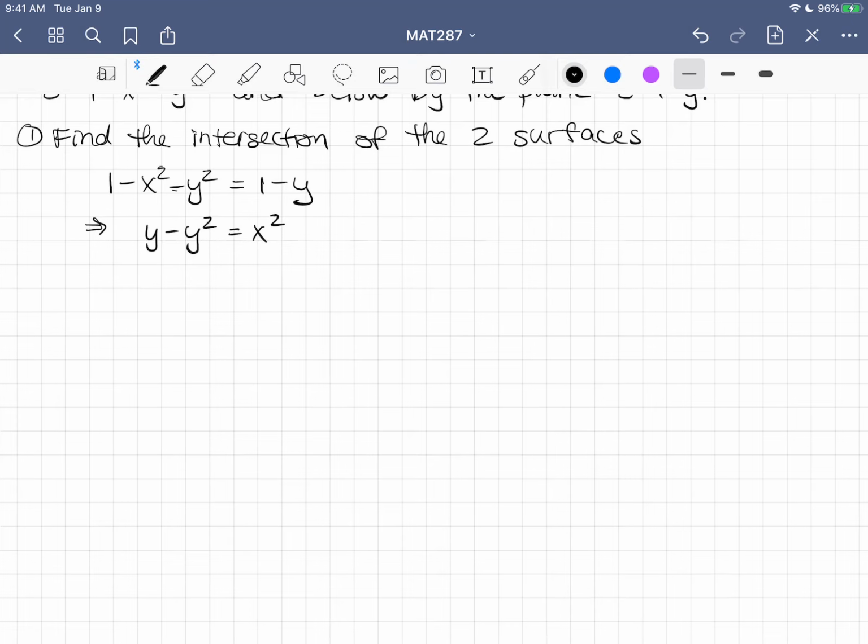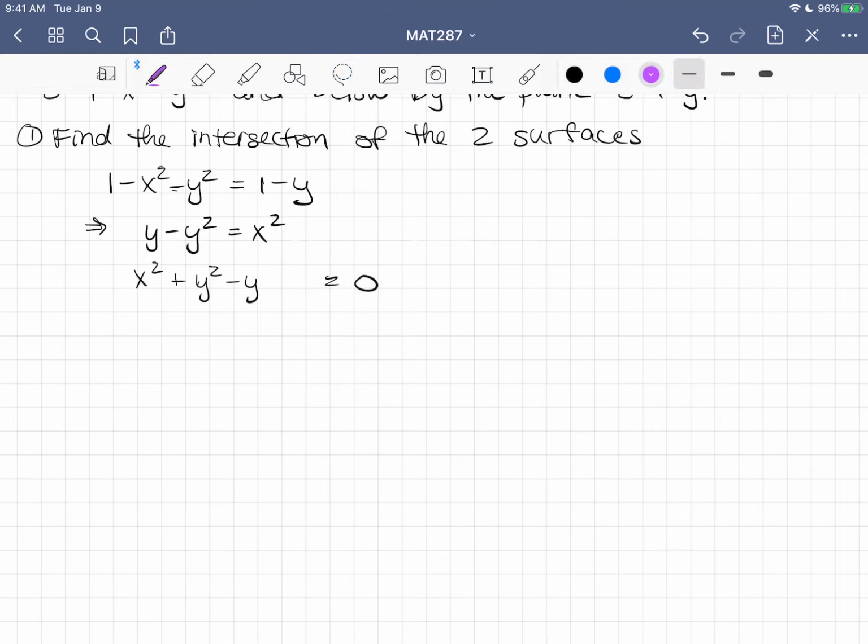And I could move these over. So I get x squared plus y squared minus y equals 0. And I'm going to complete the square in y.